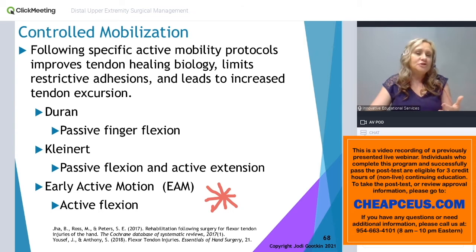They've demonstrated that on a cellular level, this appears to increase cellular responsiveness and to encourage myofibril formation to promote good integrity of healing.